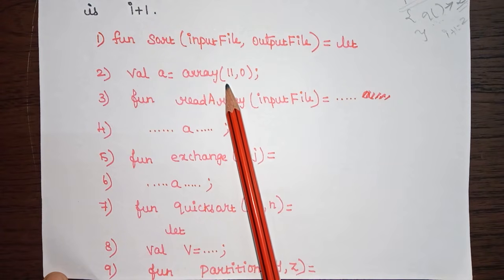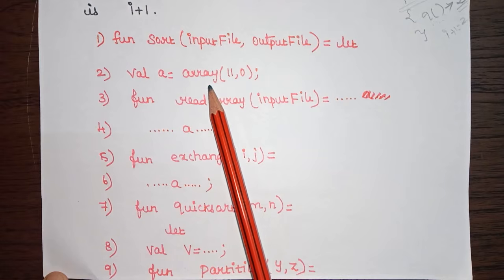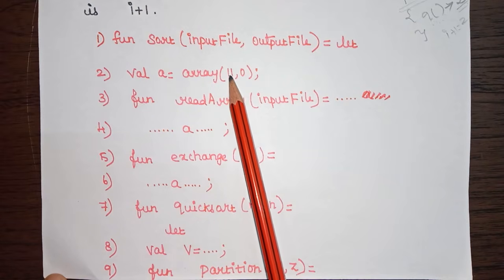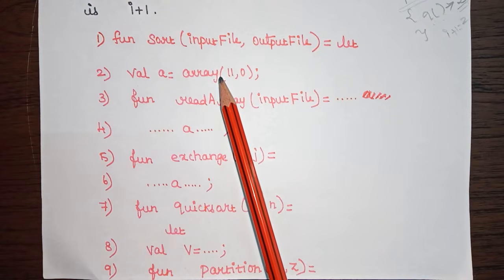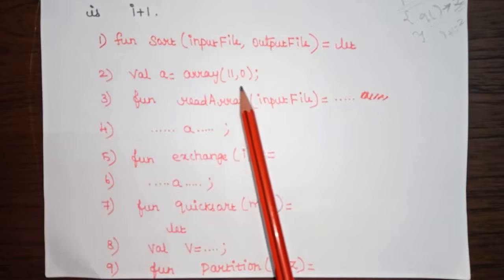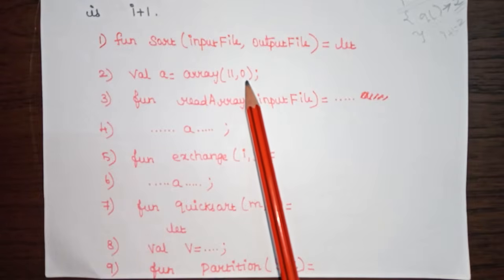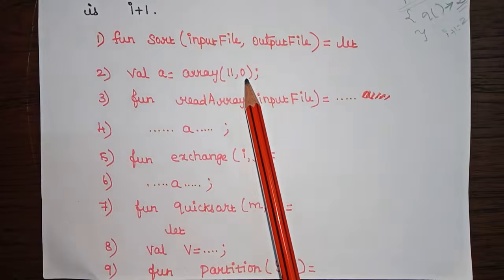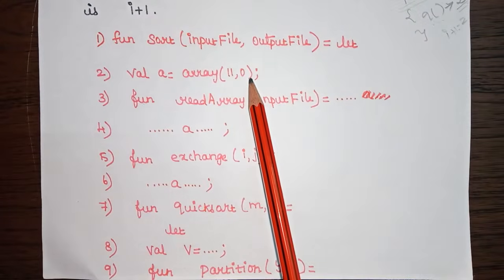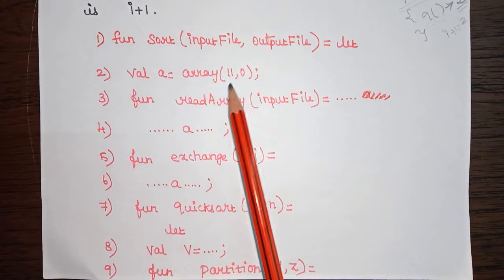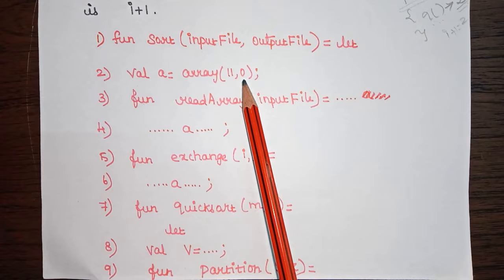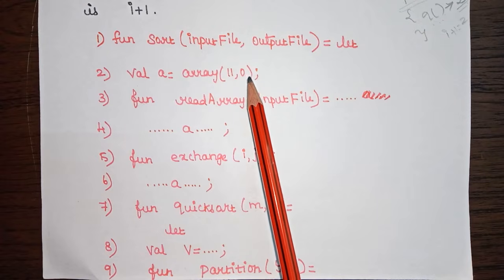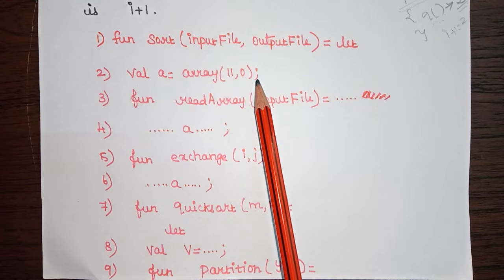And we know that array index starts from 0 to n minus 1. So here in total we can hold 11 elements in this array. The second argument of this array says that initially all the array elements are 0. This choice of initial value can be given by the user itself.